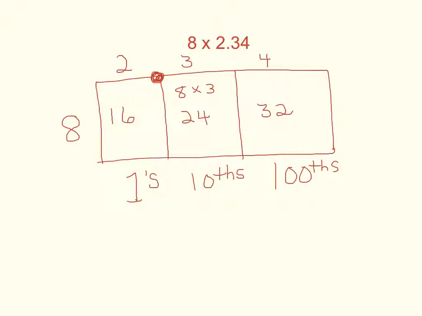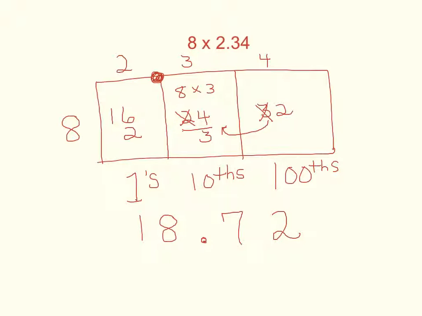Now we know we can't write our number like that, so our tenths, I have to move my 20/10ths to make 2 ones. I have to move my 30/100ths to make 3/10ths. So I am left with 2/100ths, 7/10ths, and 18 ones.